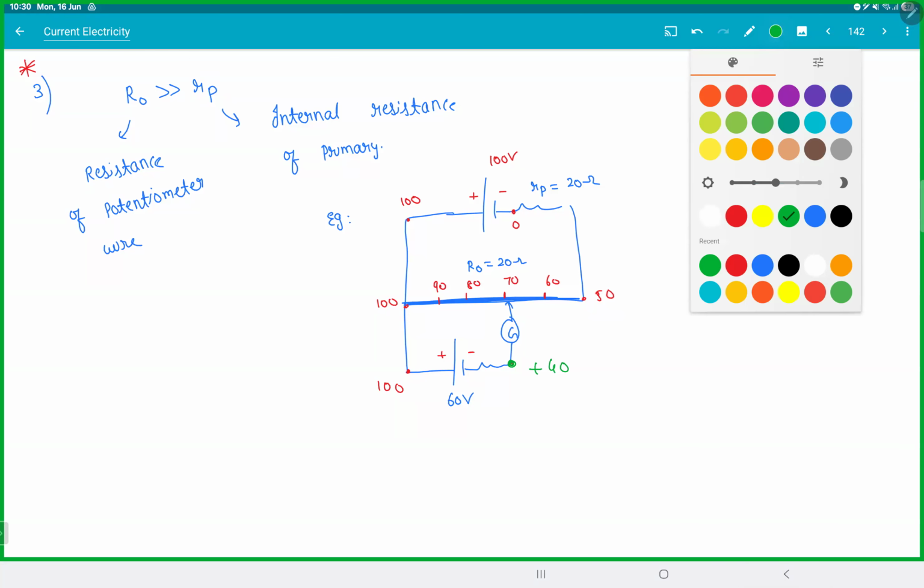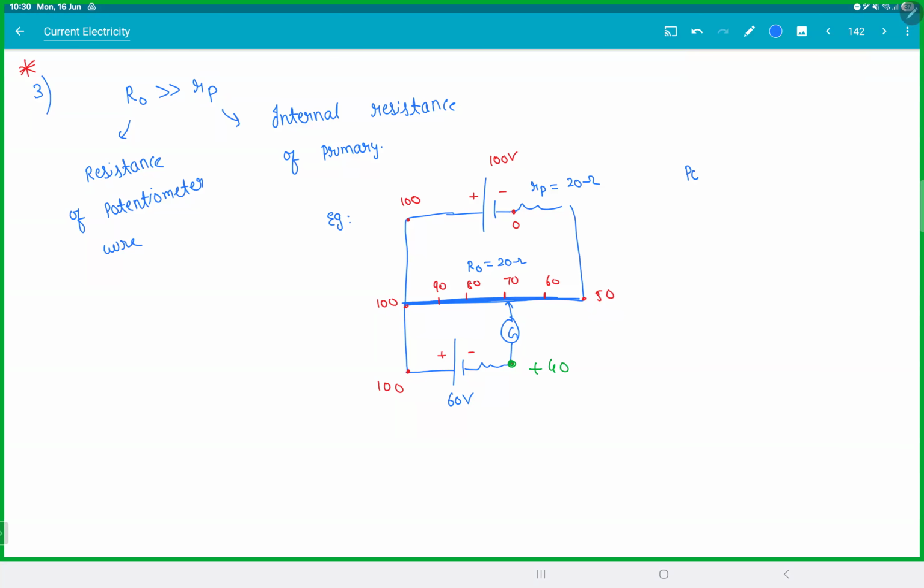So same story here. The reason is this. The potential difference will be split between both of them. So potential difference across the wire is 50 volts. So even though we are using a 100 volt battery, it behaves like a 50 volt battery because of RP.